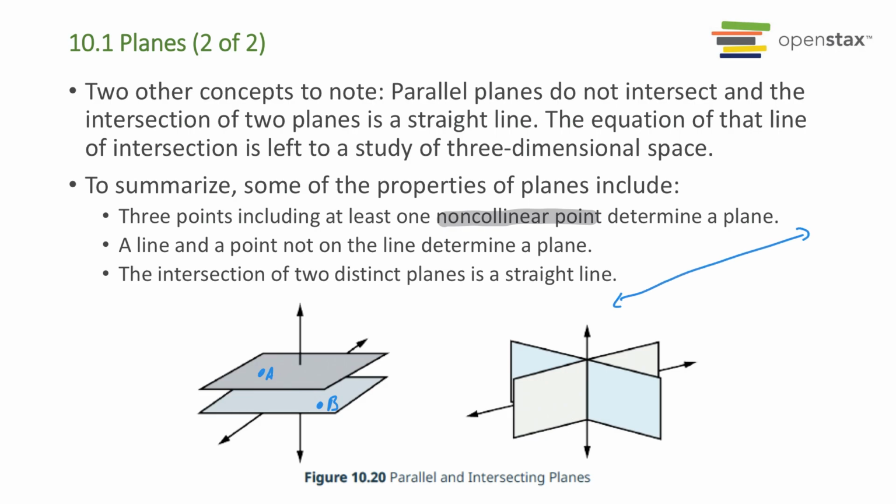So if you have 2 points, let's say point A and point B, and let's just make another point over here in the space, point C. So A and B are collinear. They're on the same line, but C and A, or C and B, are not collinear. They are not on the same line. So C is non-collinear, A and B are collinear. And then if they're on the same plane, they're coplanar. So that's just some definitions over here.